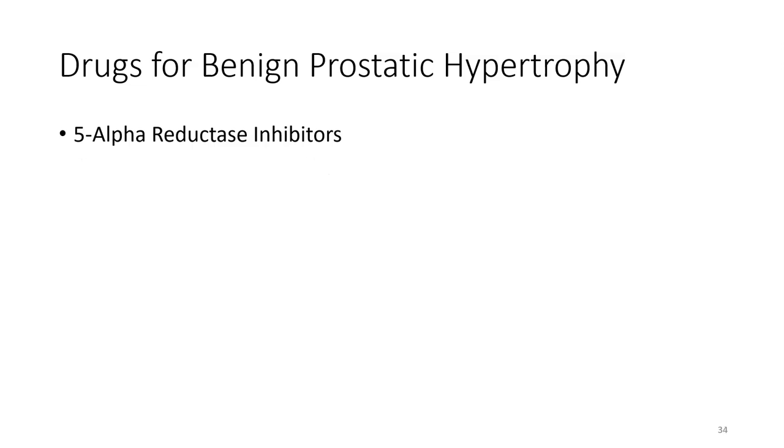So 5-alpha reductase inhibitors are going to block that enzyme that converts the testosterone to the DHT. These drugs need to be taken for 6 months in order to see an effective decrease in the size of the prostate.